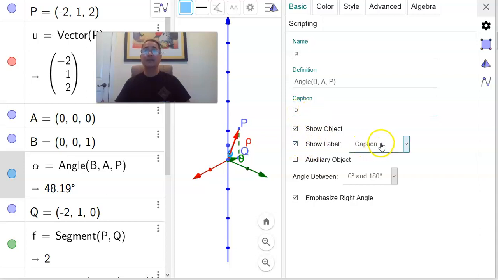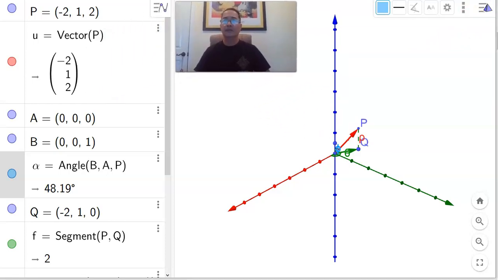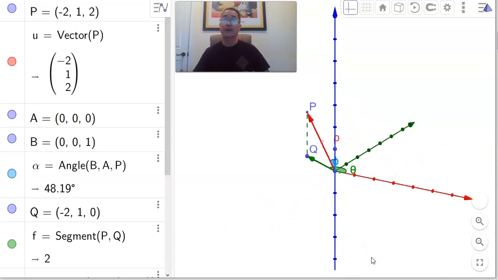So show label caption, and that's what you're going to see. So let's hide that now. This is the annoying thing sometimes about GeoGebra, that when you do work like that, suddenly your screen looks weird. So what you do is right click and go to standard view.